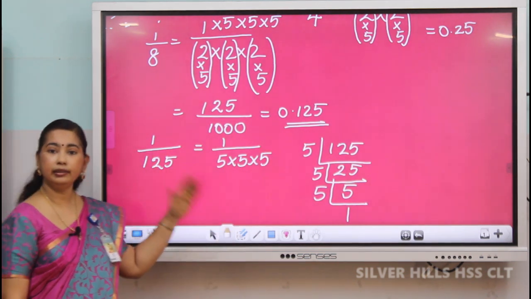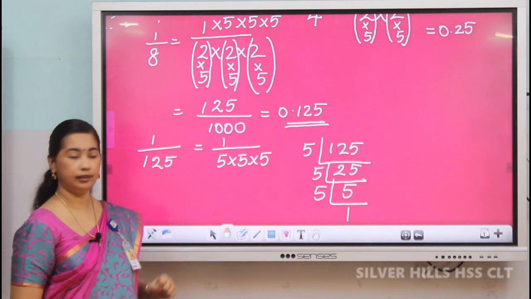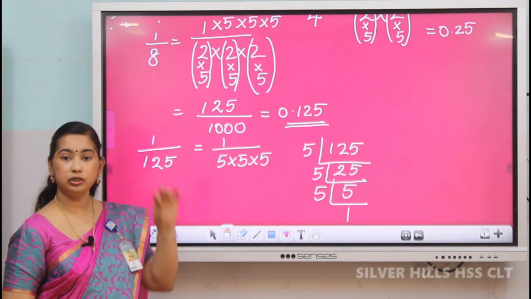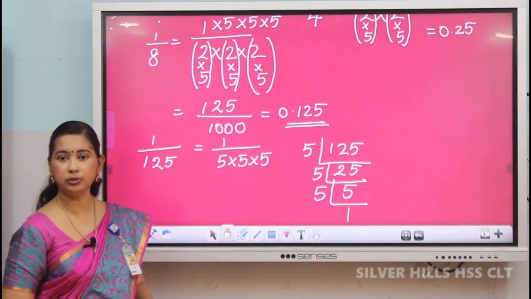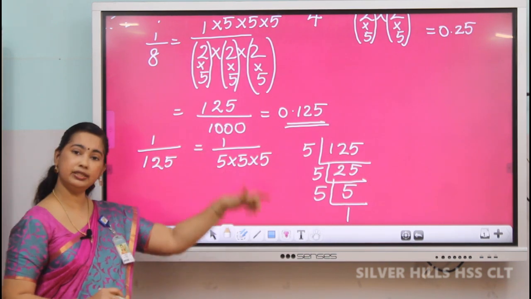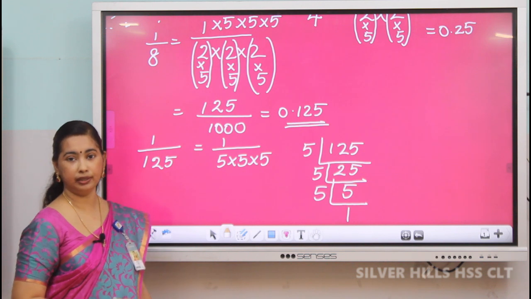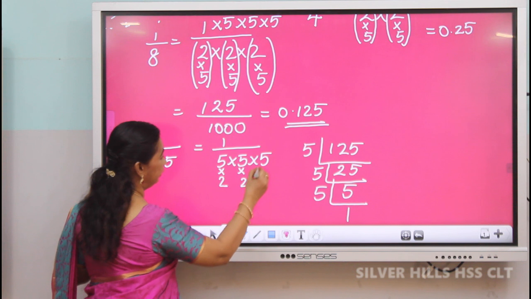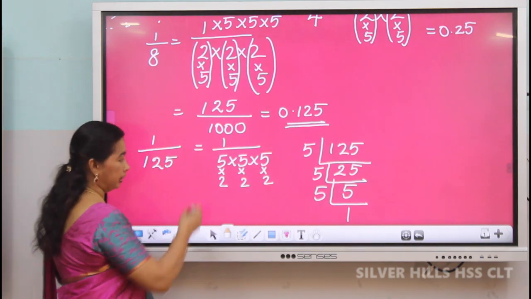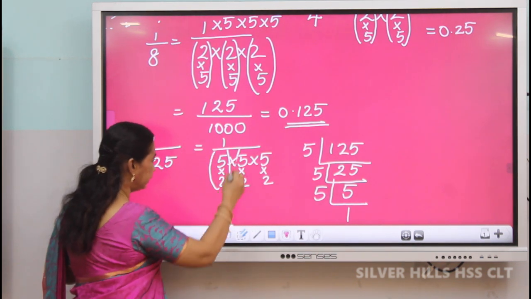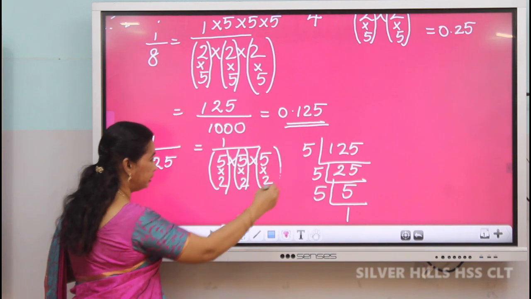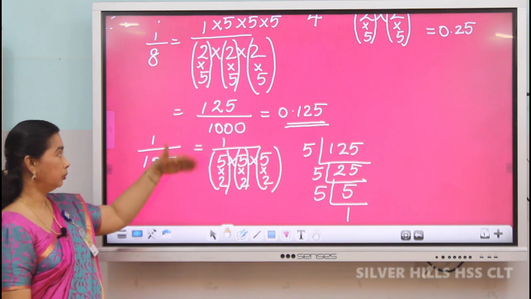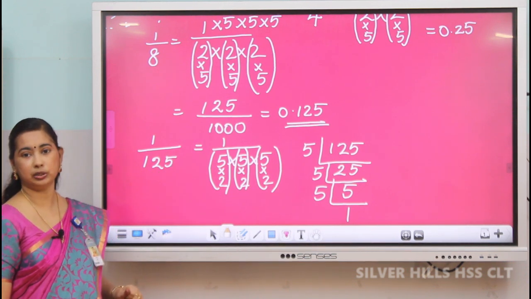This also I can make as pairs of 10. For making pairs of 10, I have to supply 2 in the denominator. How many 2s do we have to supply? How many 5s are there? That many 2s we have to supply. So I am supplying 1 2 over here, another one here, and the third here. So each one you can see that I am making pairs of 10. And those 3 2s I have supplied, those 3 2s I have to supply in the numerator also.